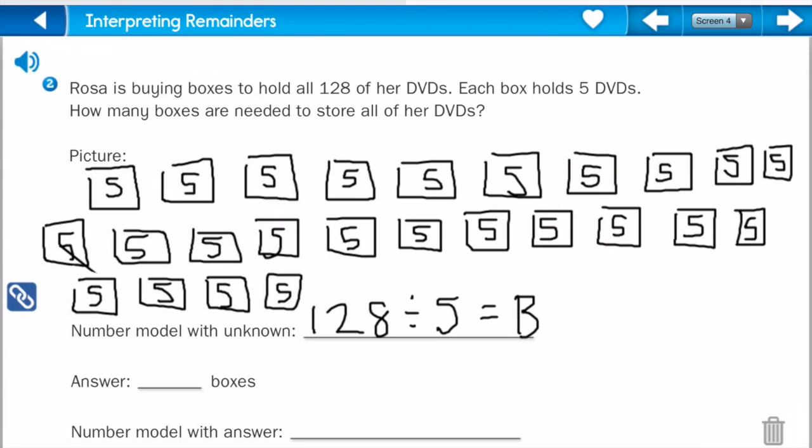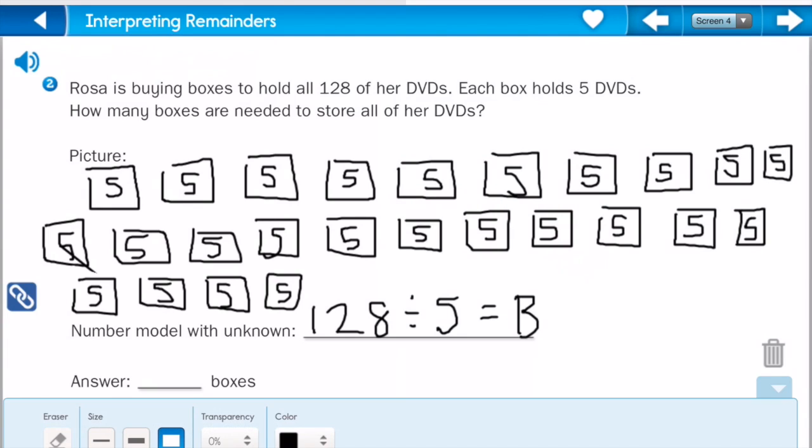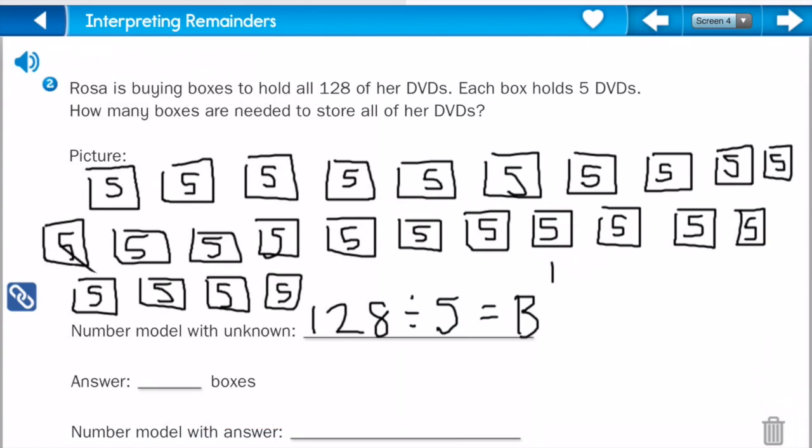Okay. So now I have 25 boxes, okay? But I only got to 125. Now over here, I have 3 left over, right?